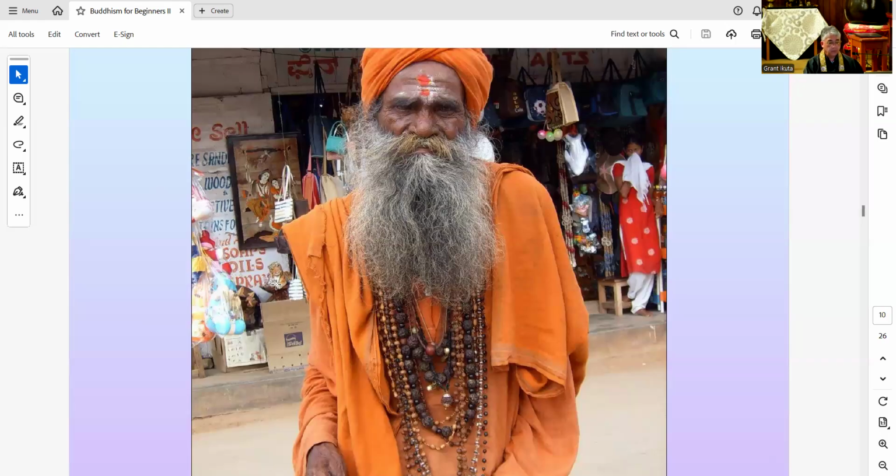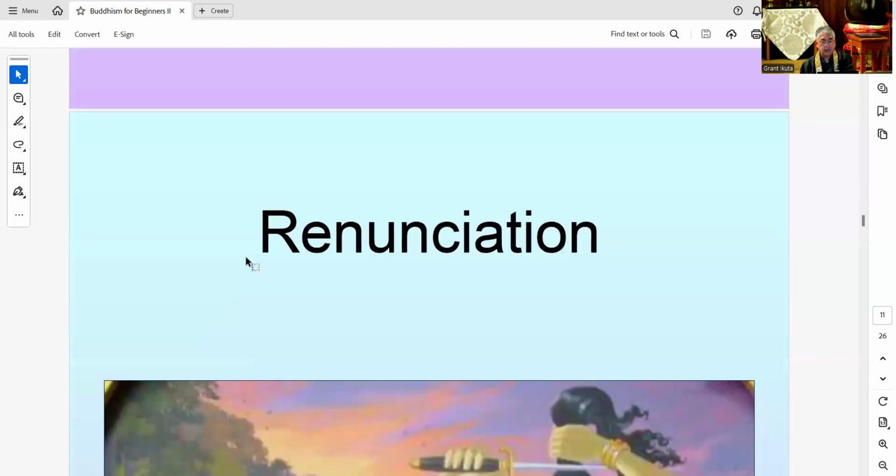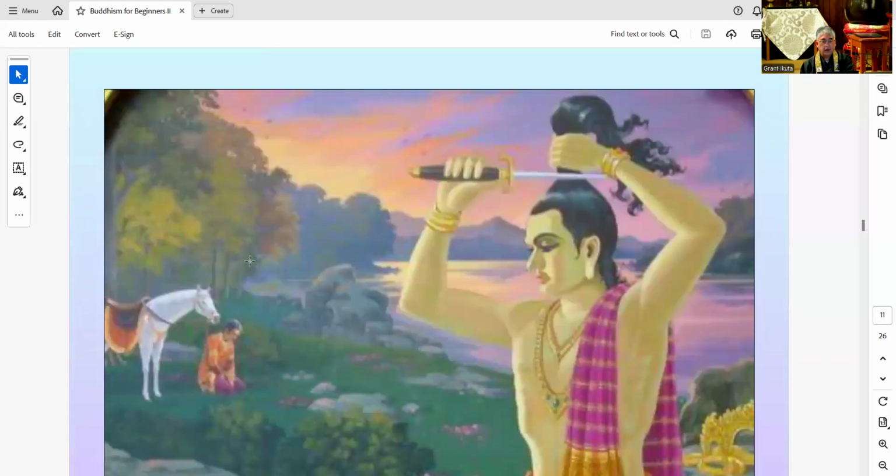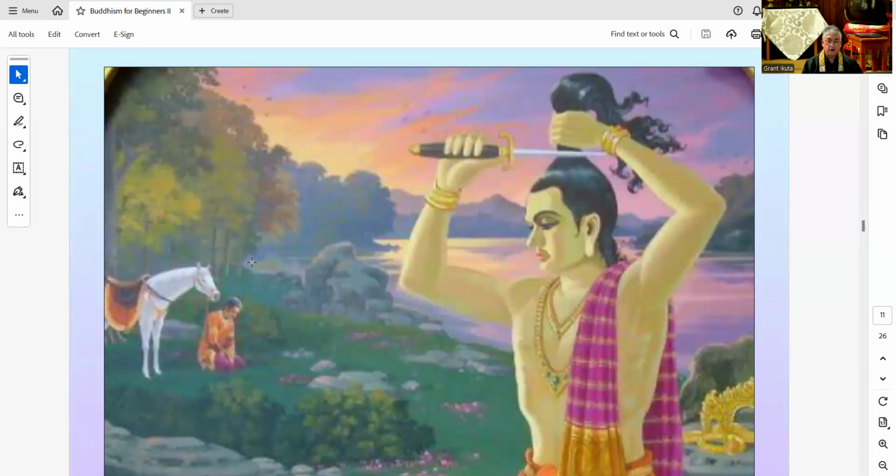They leave the royal palace in search of the truth, and it's said at that time that he cuts off his long hair, the hair of the prince, and he throws his hair up in the sky. And the legend says that he makes a declaration that if the hair should fall down to the earth, then he will forego his search.